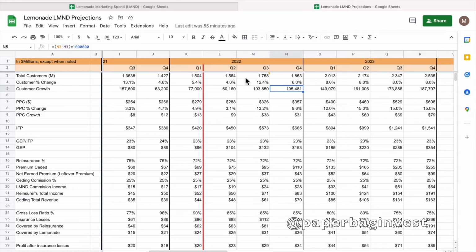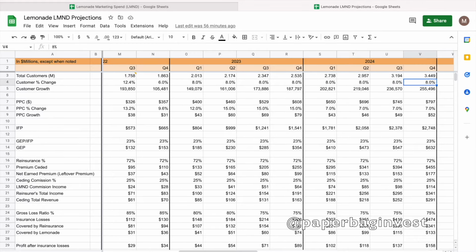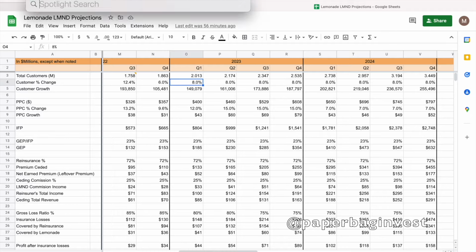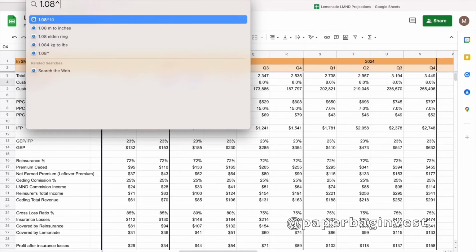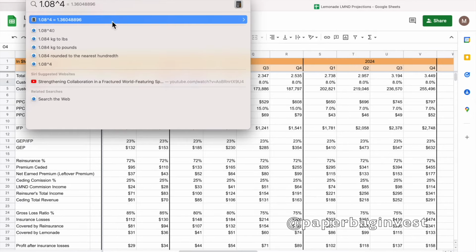And then I'm projecting about, again, 6%. Going into next year, we're at about 8%, 8%, 8%, 8%, and so on. And if you think about it, what's 8% quarter over quarter? You just go 8% to the power of 4 quarters, and you're at about a 36% annual growth rate.